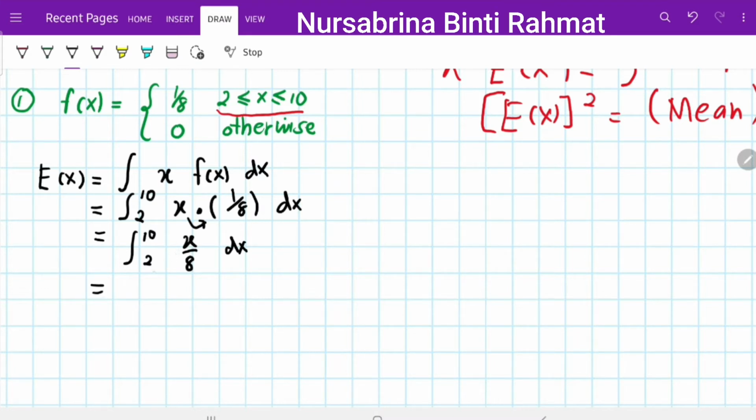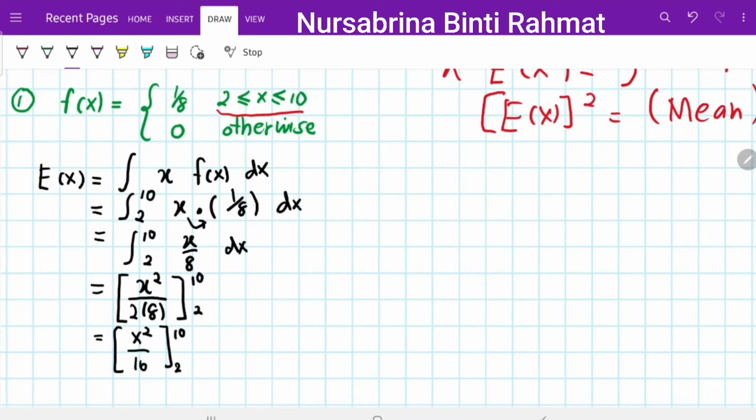So integrate x over 8, it becomes x squared, and the 2 here we multiply with the number 8 at the bottom. Close the bracket, 2 to 10, so it becomes x squared over 16 with the class limits between 2 and 10.